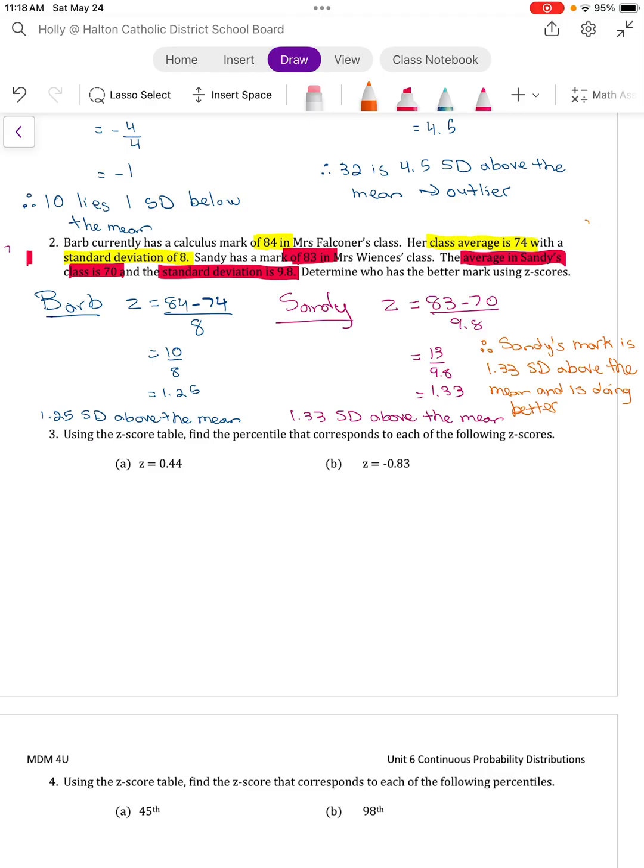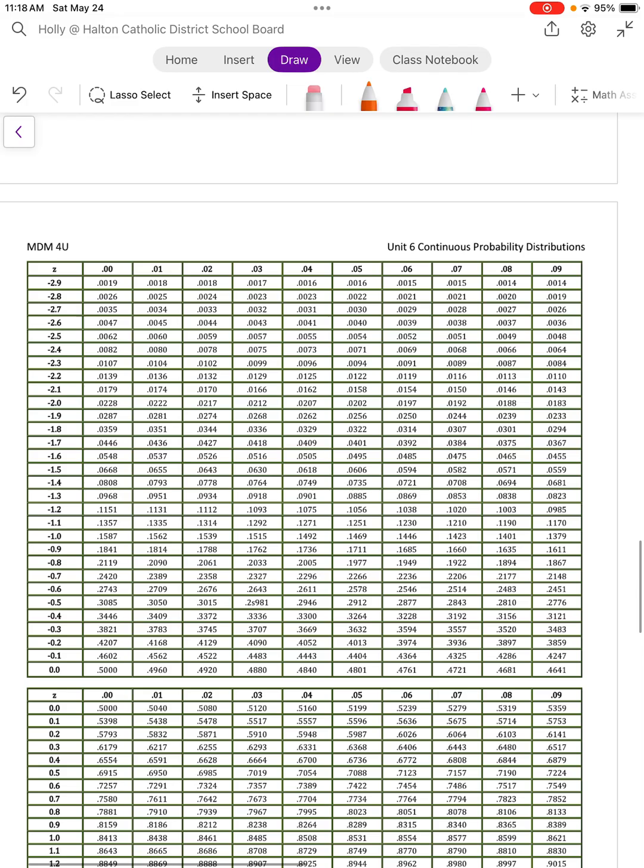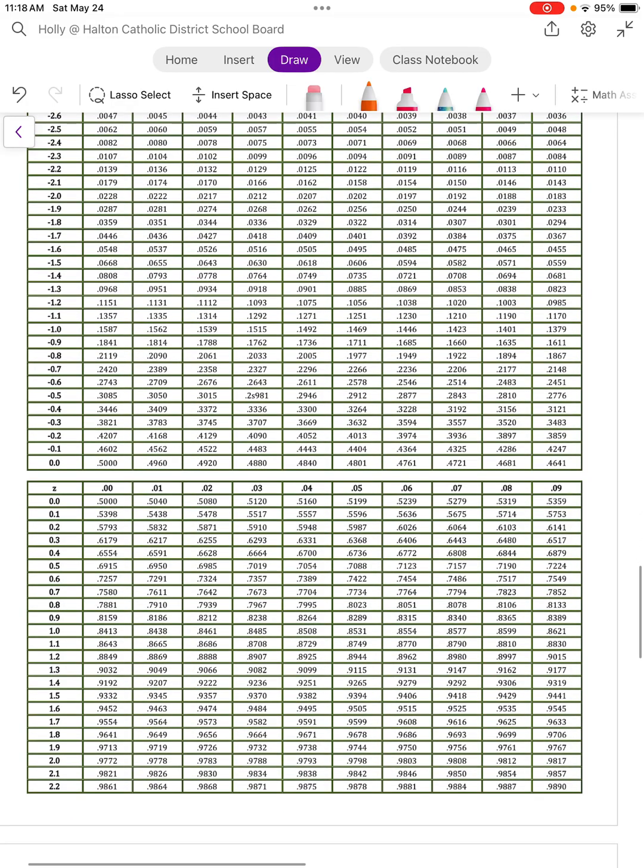Okay. Now let's look at using the Z-score table. So we're going to find the percentile that corresponds to each of the following scores. So we have a Z-score here of 0.44. So you're going to look up 0.44 on the chart. I'm going to show you how to do that. So if I go down to my chart, the first half are negatives. I need to go to the positives. So I'm at 0 here.